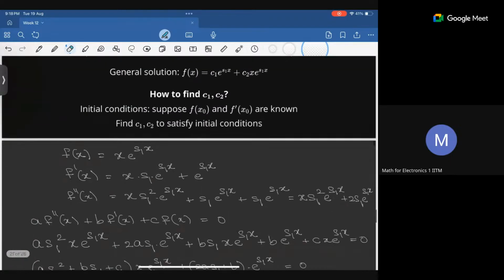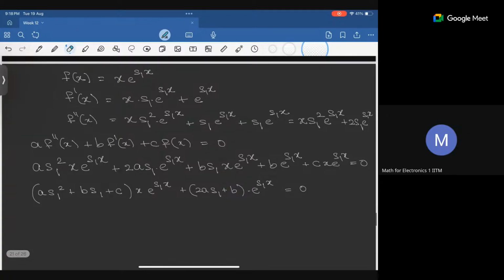And we can again prove this. So I have written it. If you want to prove how x into e power s1x will be a solution, if e power s1x is a solution, then we'll try to prove it. f of x equals x into e power s1x. Then f prime of x will be, this is the product function.